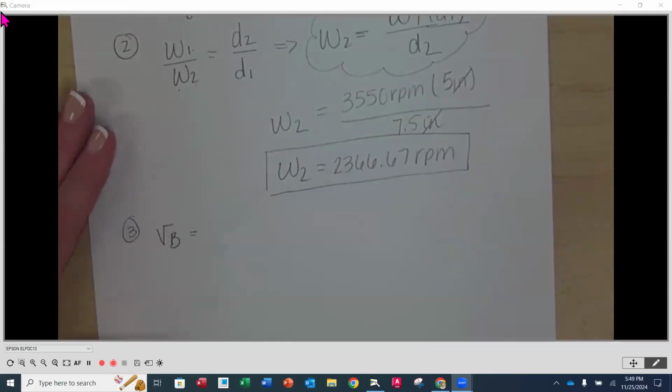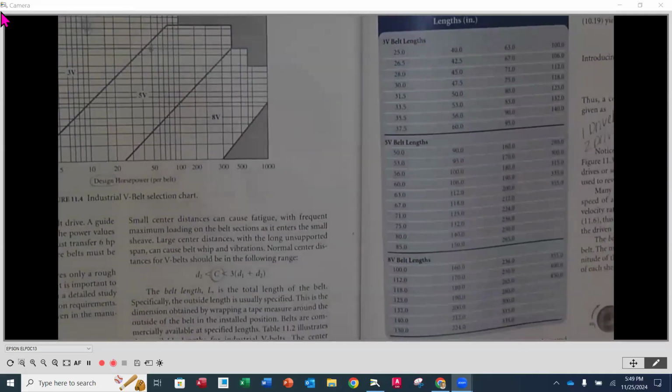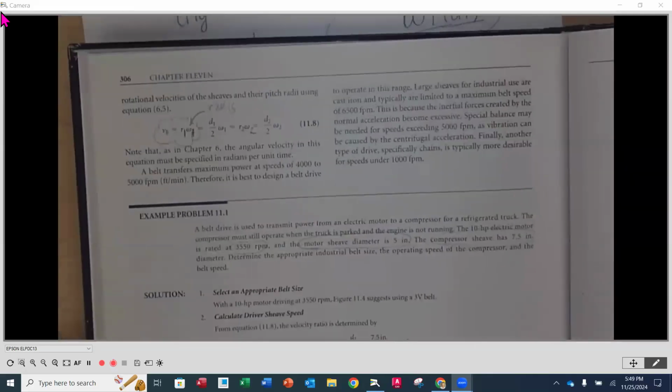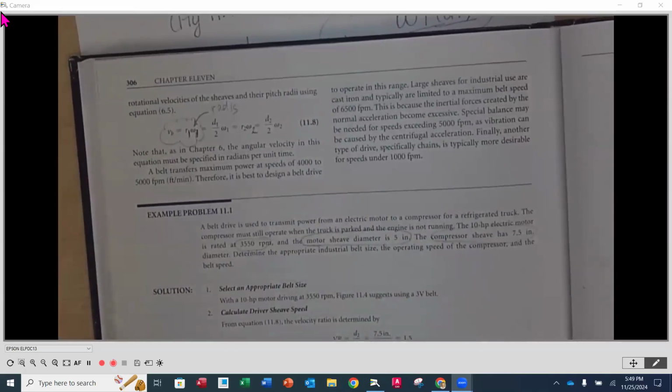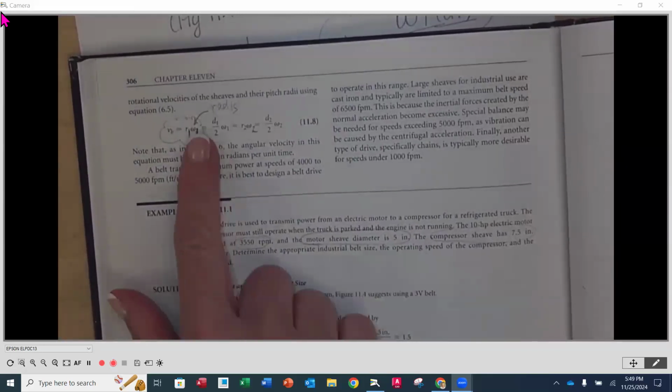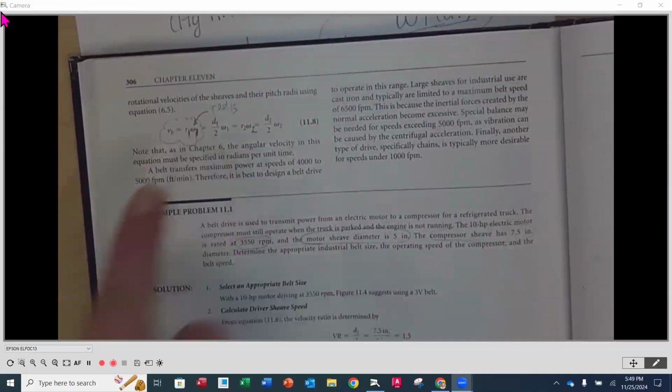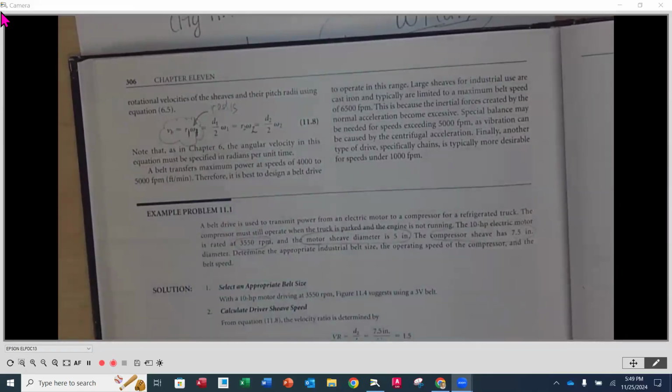Belt speed is going to be equal to, and the equation for belt speed is at the top of page 306. Okay. It's going to be the radius multiplied by the angular velocity. Now, remember, we want to try to get this into distance over time. So this is the equation. This is the relationship where our angular velocity has to be in radians per unit of time.